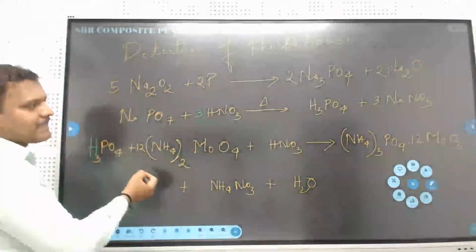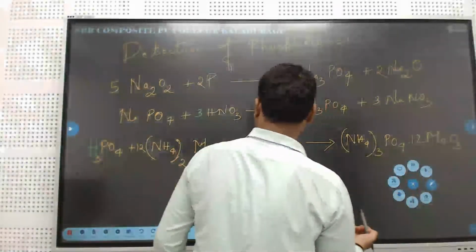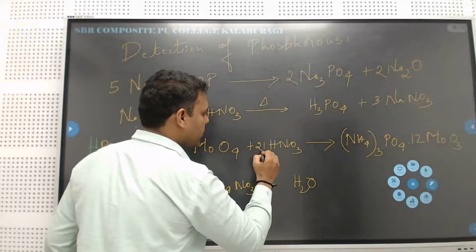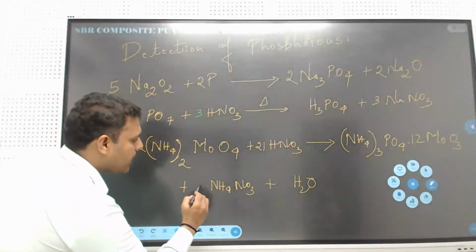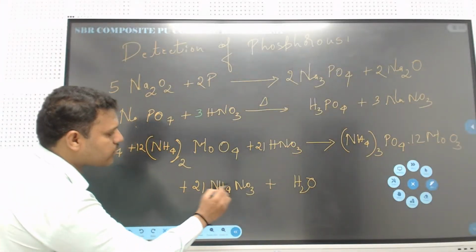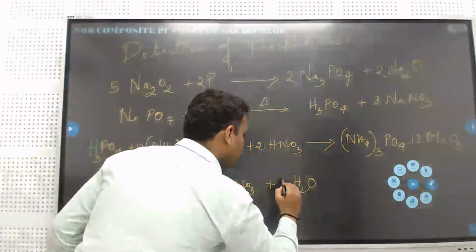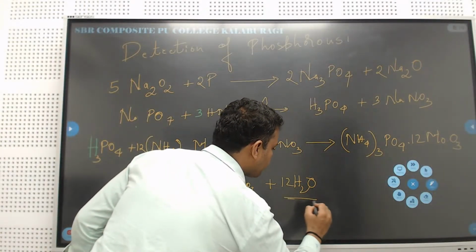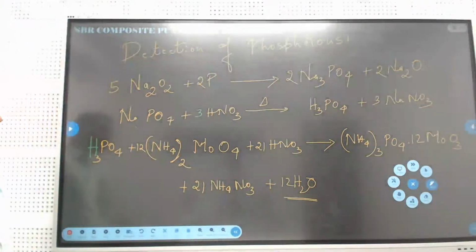On balancing this, there are 21 molecules of HNO3, 21 molecules of ammonium nitrate and 12 molecules of H2O.